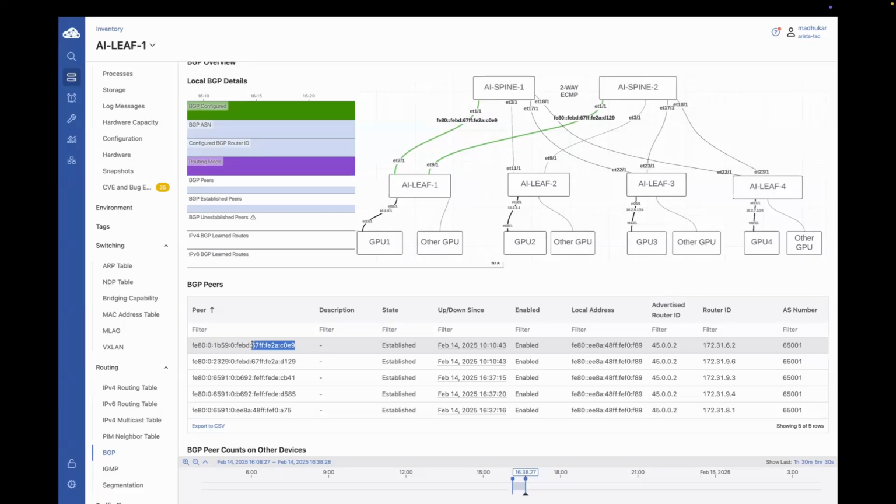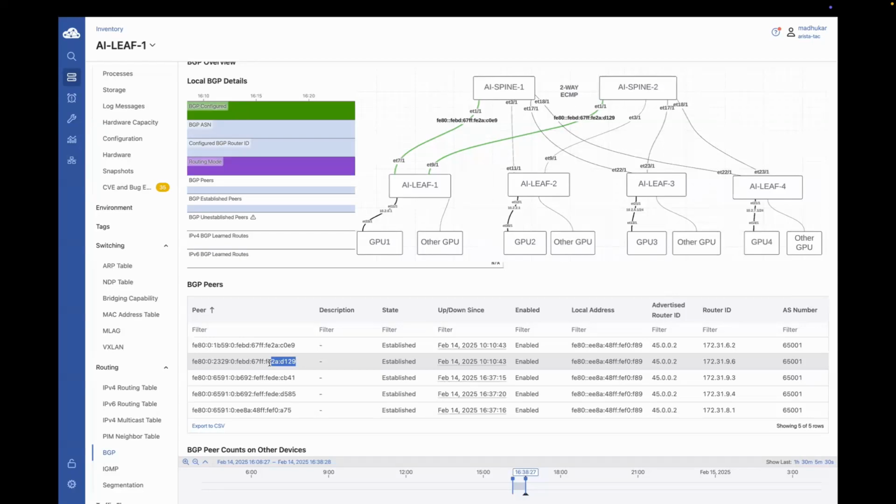If we look at the second one, ending with E129, we see that this is the IP which is present on AI spine 2, and this BGP peership is being formed between AI leaf 1 and AI spine 2. Now, as discussed earlier, these are the two neighborships which are expected as per design and are providing a two-way ECMP link for the inter-rack communication.